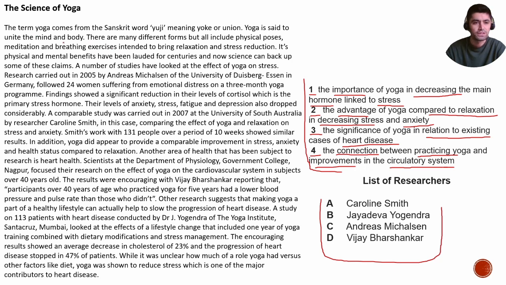So if we start from the beginning, the term yoga comes from the Sanskrit word yuji, meaning yoke or union. A number of studies have looked at the effect of yoga on stress. Research carried out in 2005 by Andreas Mikkelsen. Here is the name.